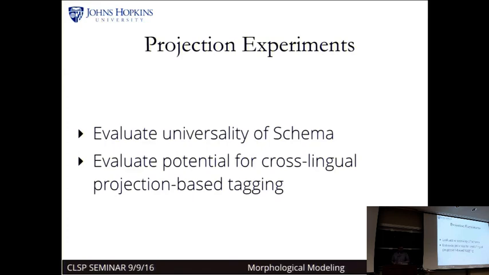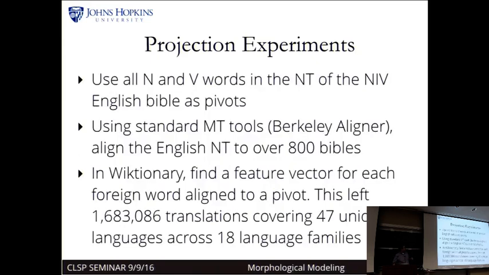Furthermore, for languages that don't necessarily have detailed morphological corpora available, maybe they just have a POS tagger, we wanted to see if we could transfer this morphological information onto them by projecting from related languages. And actually, this projection tagging technique came from David Yarowsky and colleagues a while back. So here are the experiments we did. And there'll be a picture of this in a moment that hopefully will make it more clear.